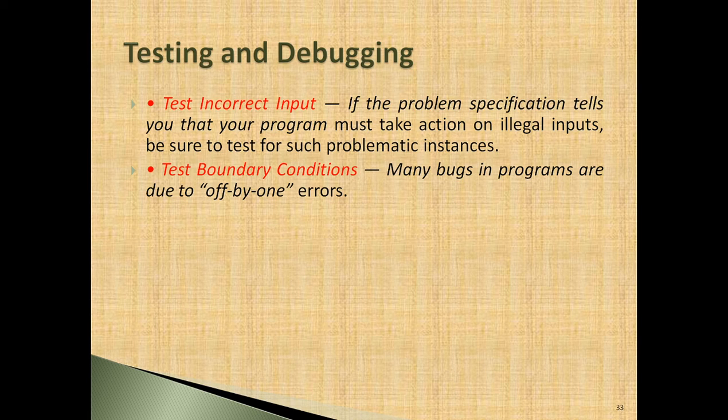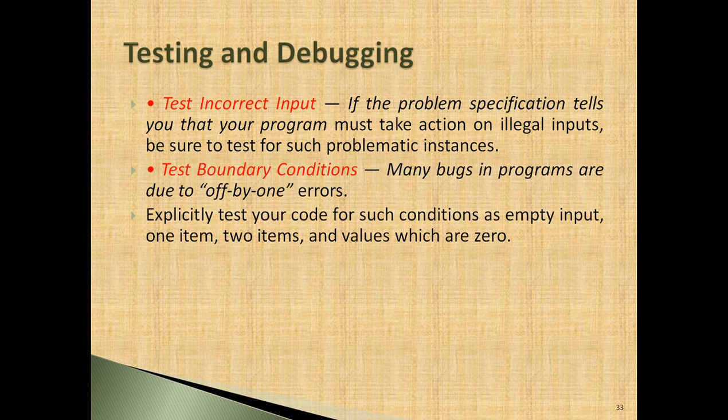If you are able to solve that one error, all the other bugs from the program are removed. So you need to find such statements in the program and remove them so you will not get other errors. So explicitly test your code for such conditions.